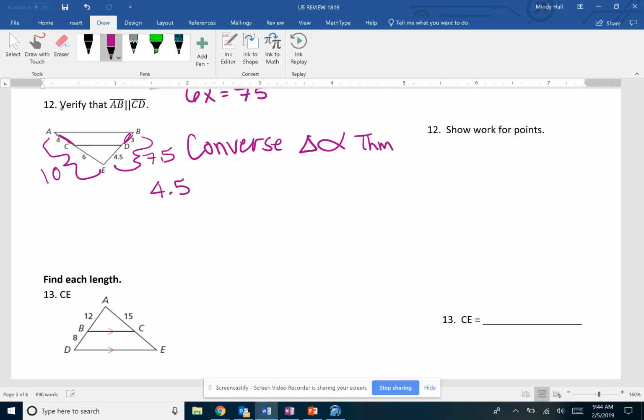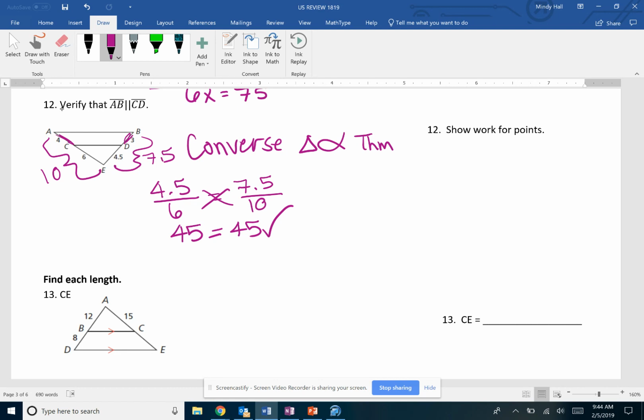So we have 4.5 over 6 equals 7.5 over 10. When we cross multiply, we'd have 45 equals 6 times 7.5 is 45. Since these are equal to each other, we know that they are proportional.